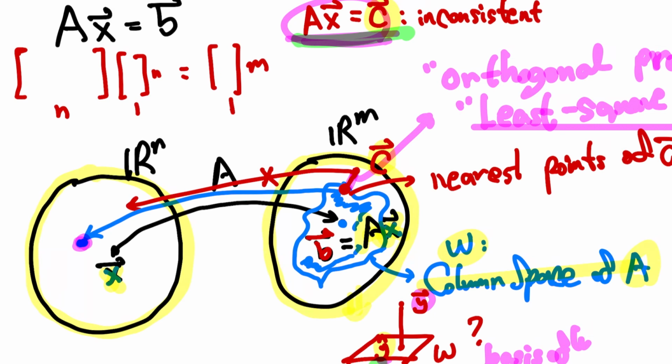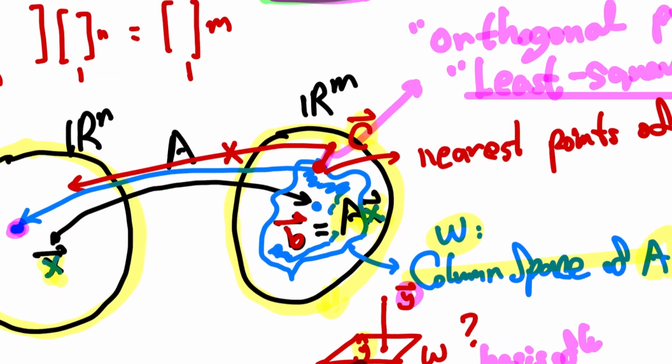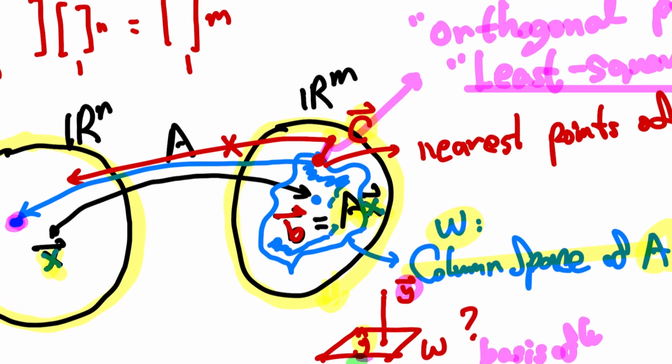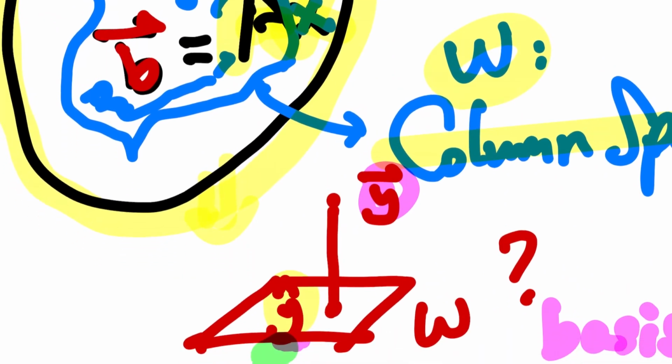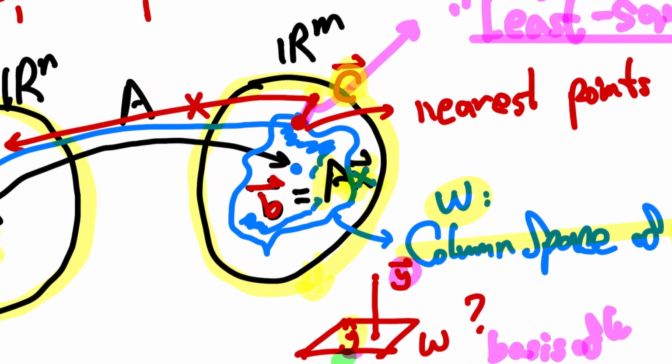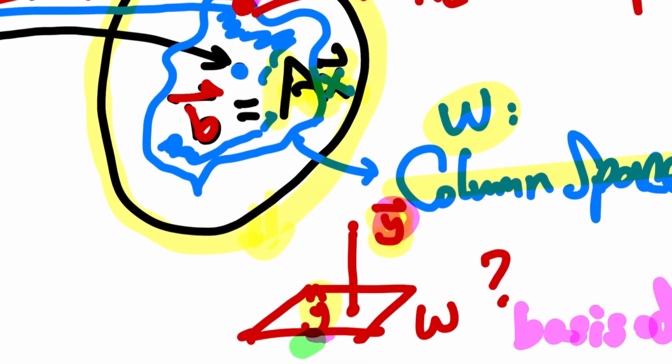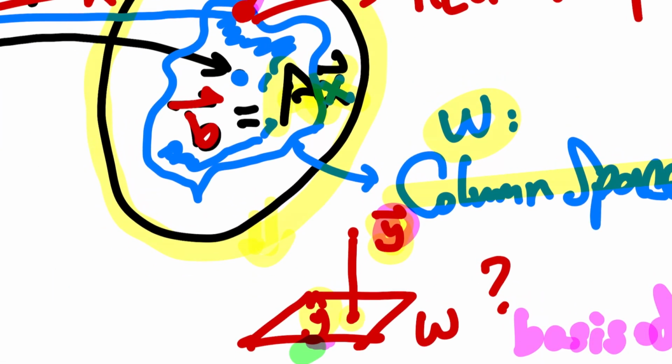But if we have some point c here that doesn't have any mapping point or solution, what we want to do is to find the nearest point in the column space. So if we call this column space W, and the vector c the vector y, then what I want to do is to find the new vector y hat in W space.